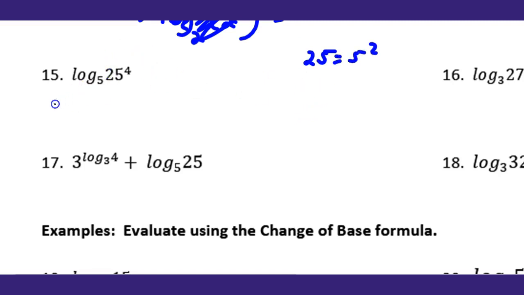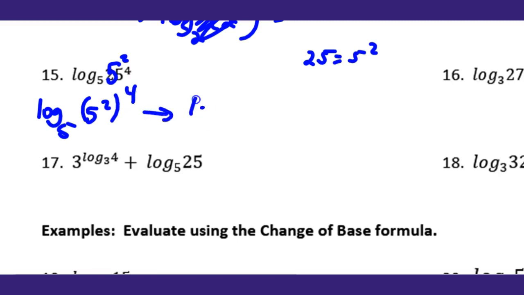So where this 25 is, I'm going to substitute 5 squared, still to the 4th, because it's still raised to the power of 4. Now remember the power to a power rule. You can multiply these, so that's log base 5 of 5 to the 8th. 4 times 2 is 8. And then they undo each other. So the answer is 8.